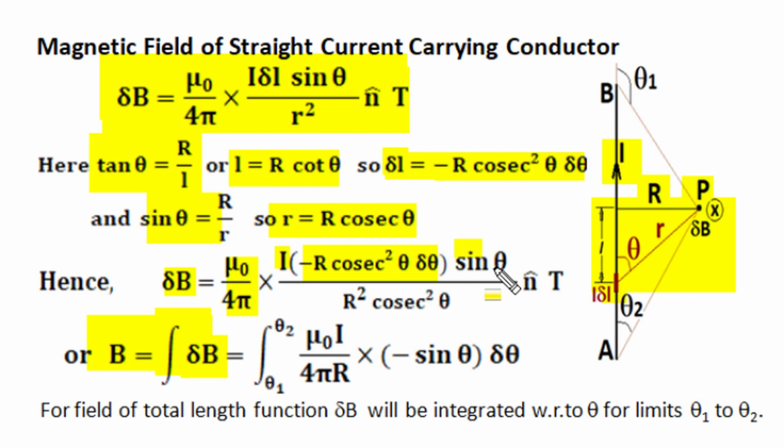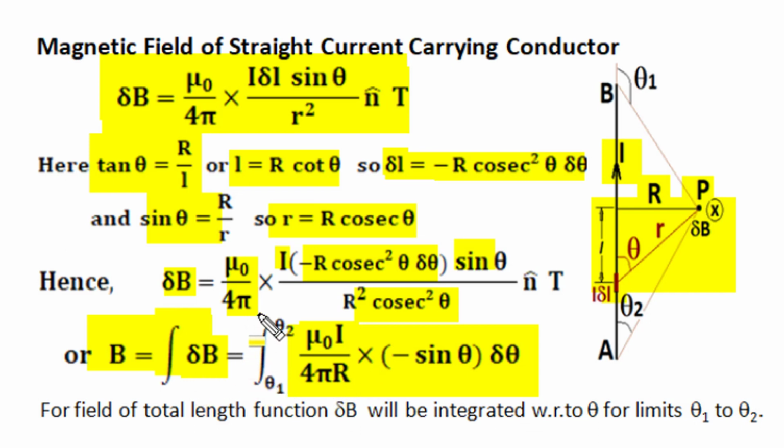Sin theta is the same, and for small r square we have written the square of R cosec theta, that is R square cosec square theta. In simplification, one R from the numerator gets cancelled by the denominator R square, and cosec square theta also gets cancelled out, and our relation becomes mu 0 I upon 4 pi R, minus sin theta d theta. Now there is only one variable theta, the remaining I and capital R are constant.